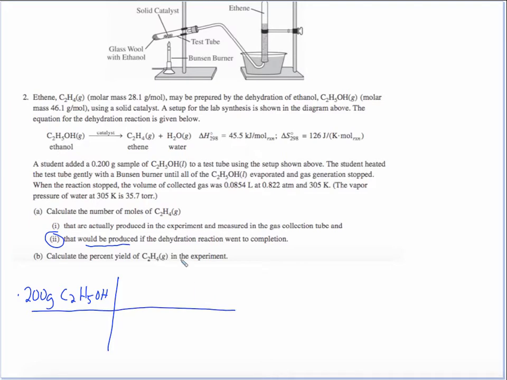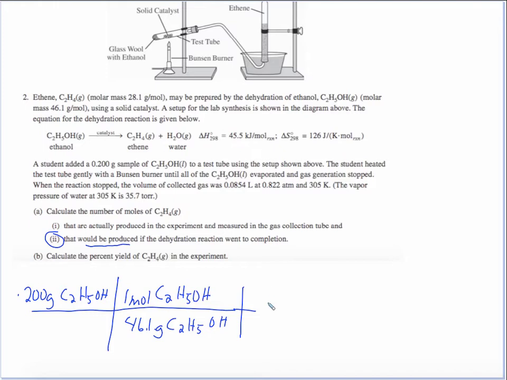Now we can do a stoichiometry problem. We're in grams, we've got to change to moles. So 1 mole C2H5OH, and they're giving us 46.1 as the molar mass. They give that to you in the problem. That's nice, you don't have to add it up.